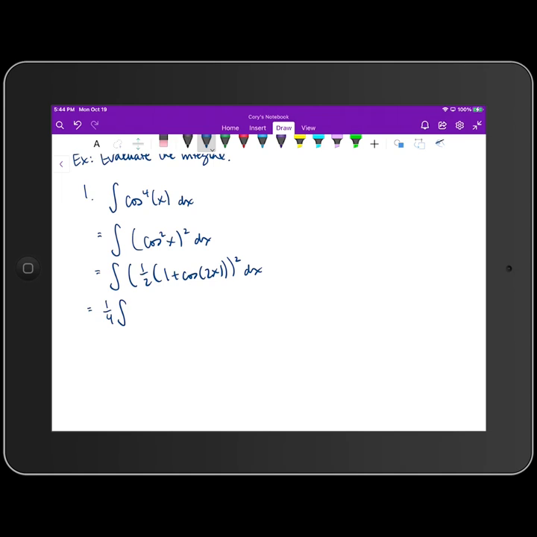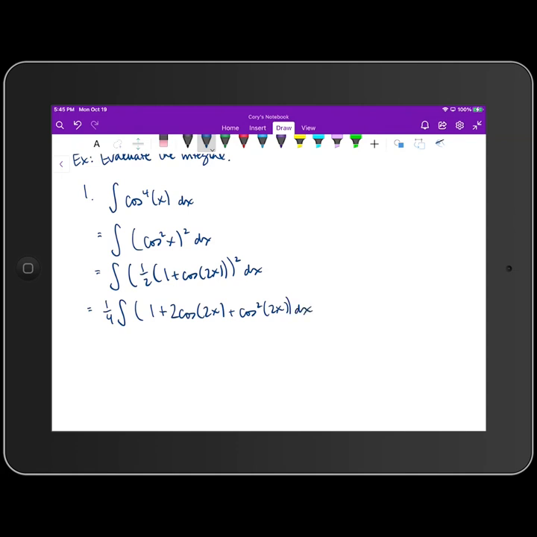I can't integrate that the way it's written, so I'm going to expand it out. If I FOIL that out, it becomes 1 plus 2 times the cosine of 2x plus the cosine squared of 2x.